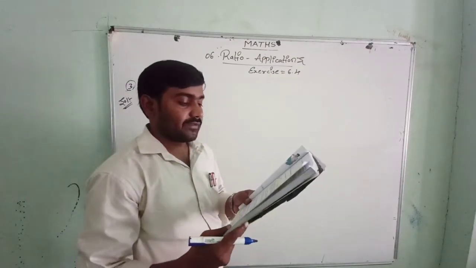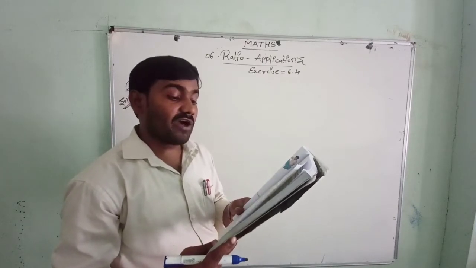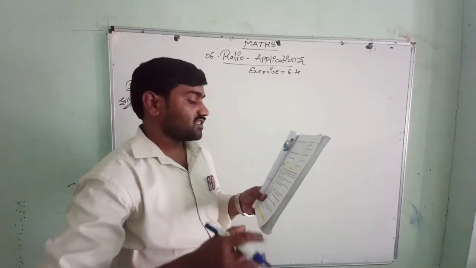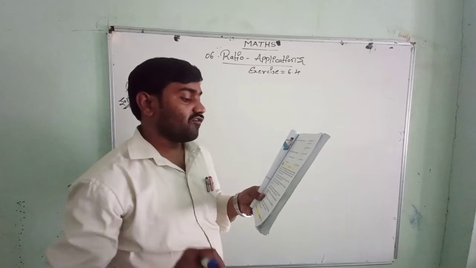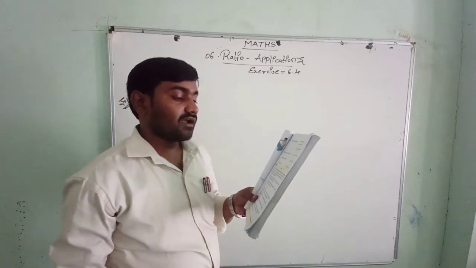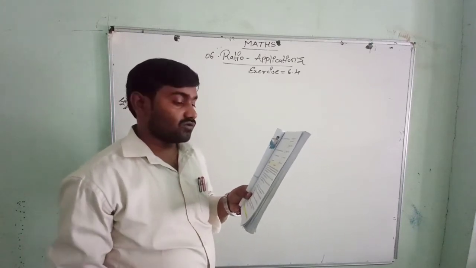Sri Teja has a basket full of bananas, oranges and mangoes.